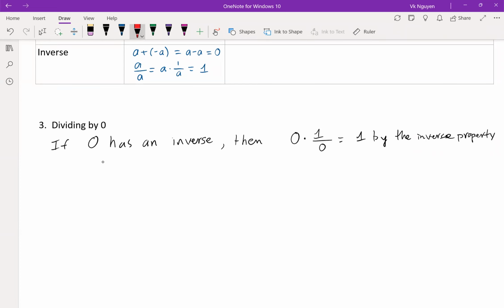However, when you multiply 0 by anything, you get 0. And this shows us that 0 equals 1, which is not true. What this means is that 0 has no inverse.